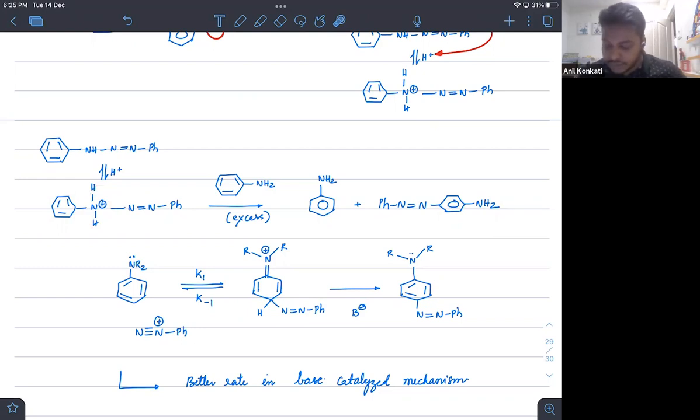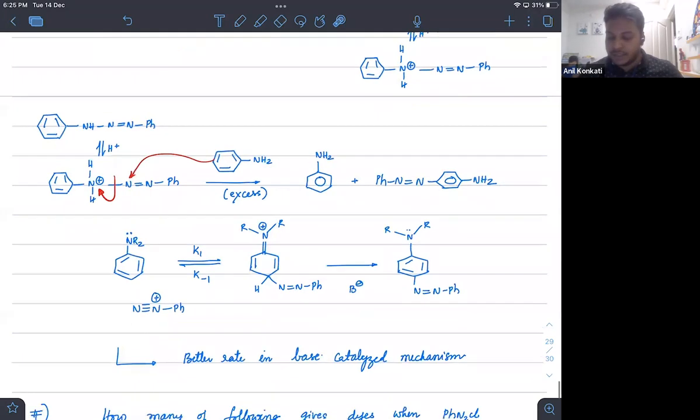So I would show it this way. This entire part is getting replaced because the aniline from the para position will attack here and remove this group, correct? So we will get this as p-NH double bond phenyl with NH2 group. Okay. That is how we get the product in this case.